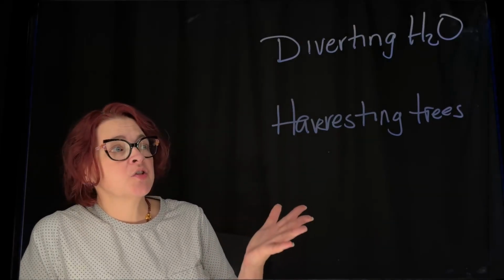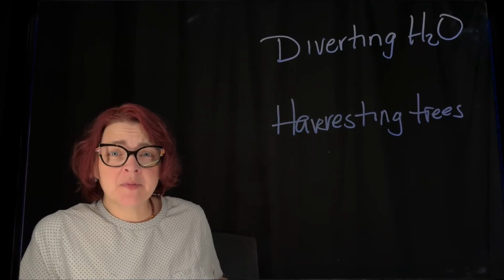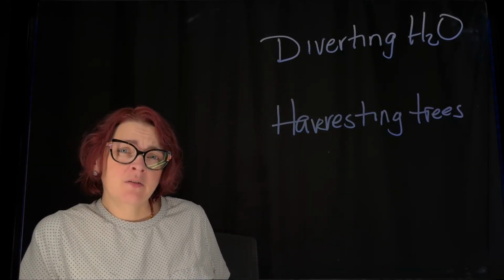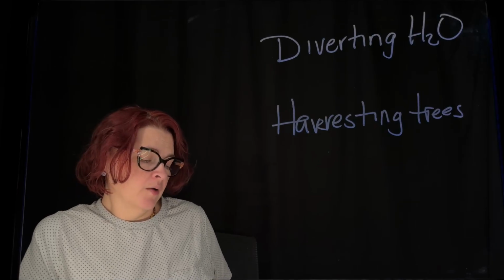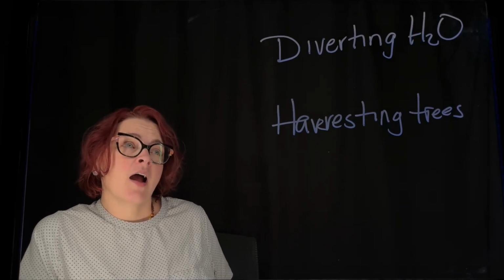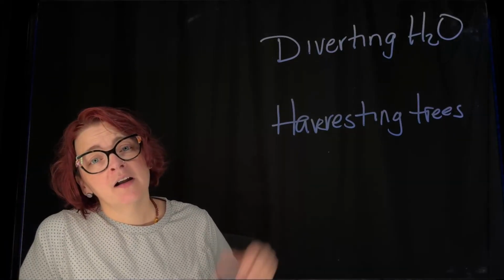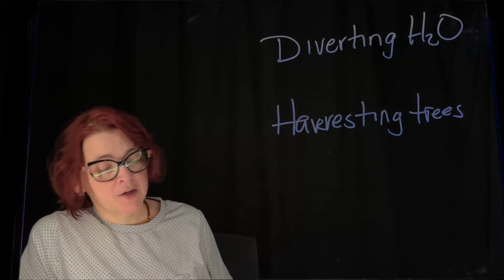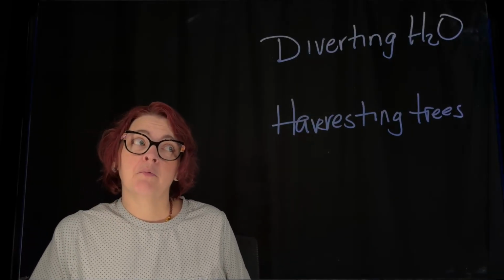When we harvest trees and we take down a lot of trees, we're now removing water uptake from that area. We reduce evaporative transpiration. We increase the amount of runoff because the plants or the trees are not there to uptake the water, and the water will just keep on going, which will increase erosion. So all things that we need to think about with the water cycle.